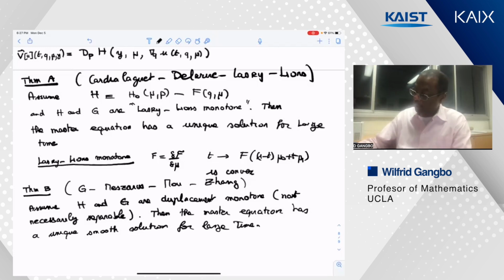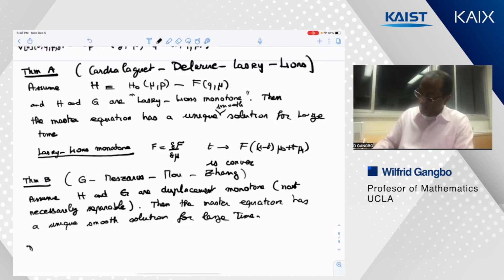And here too, I should say a unique smooth solution.